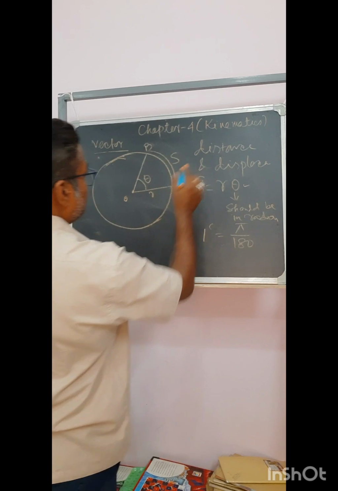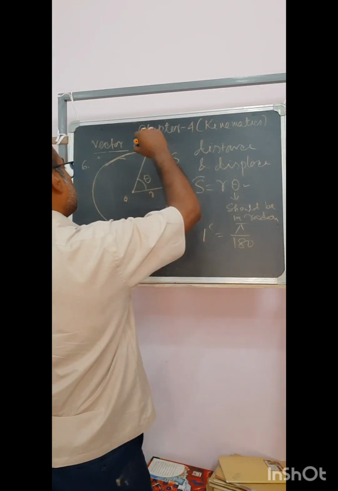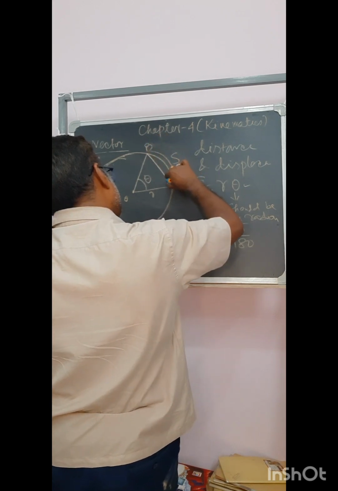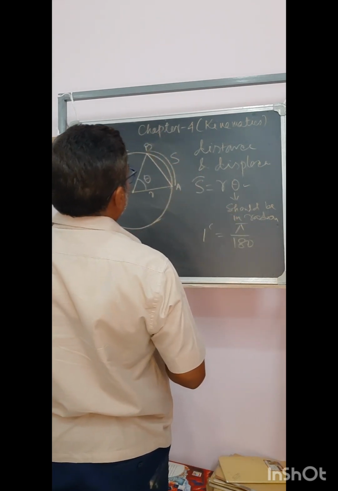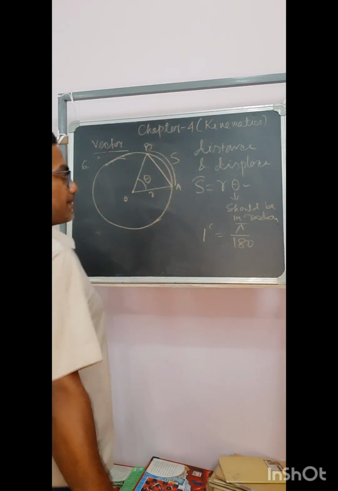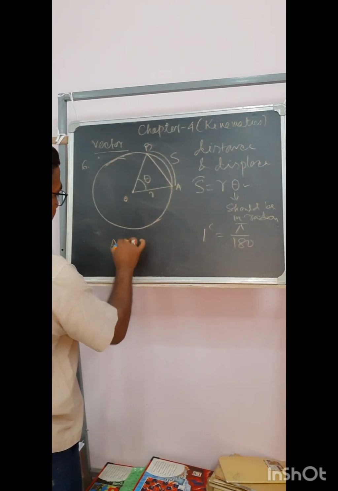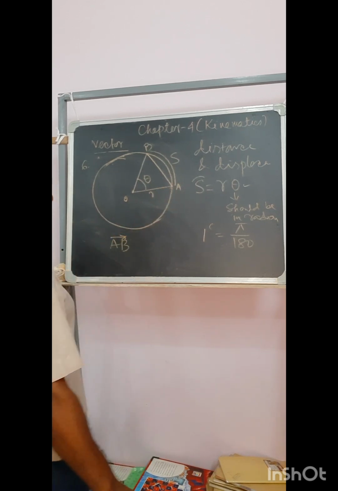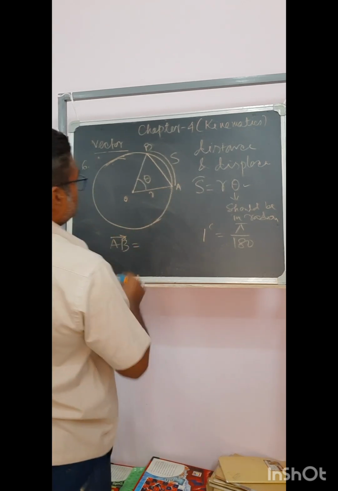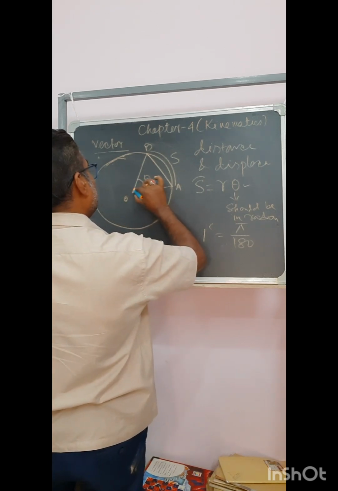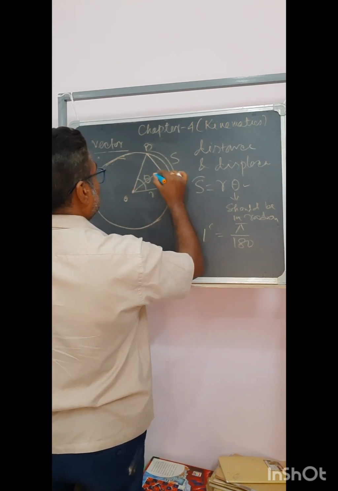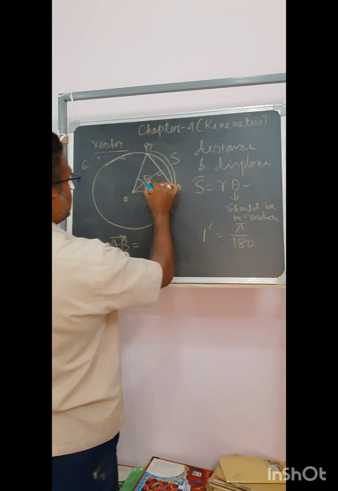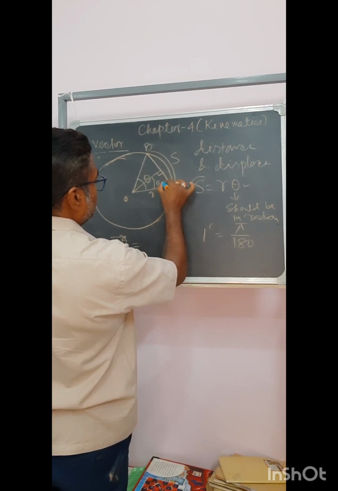What about the displacement? Displacement is the shortest linear distance. If I join these 2 points directly with a straight line, this will be your displacement AB, denoted by AB bar. What will that be? If I draw a vertical from the center, it will divide this into 2 right angle triangles, and this angle is theta by 2.